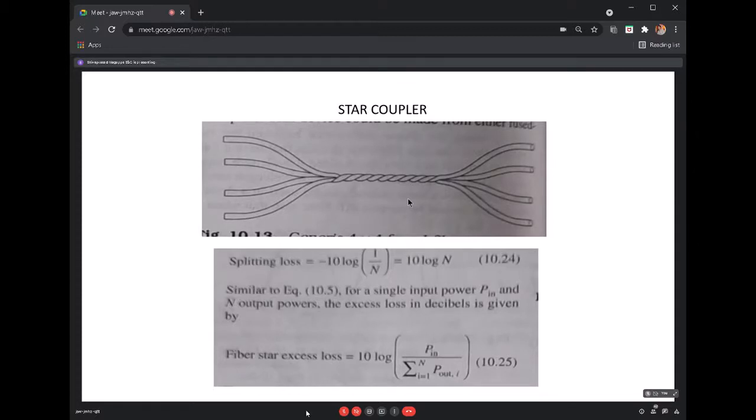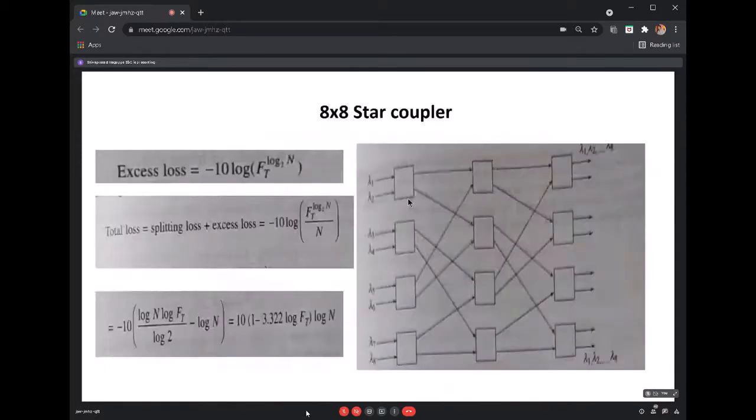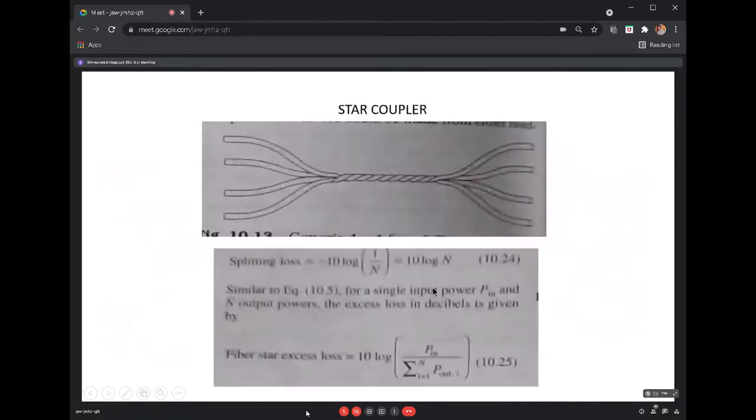In the next diagram, I can show you an example of an 8 cross 8 coupler. Here you have 8 inputs. All these 8 inputs will be multiplexed, that means combined, and sent here.